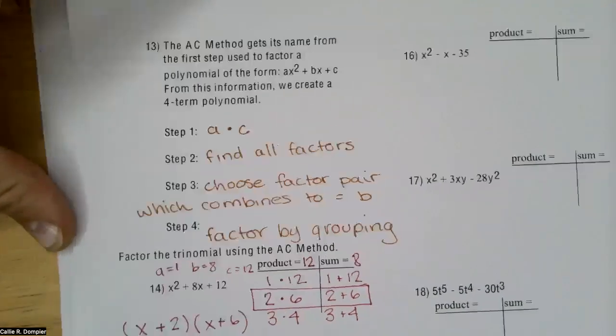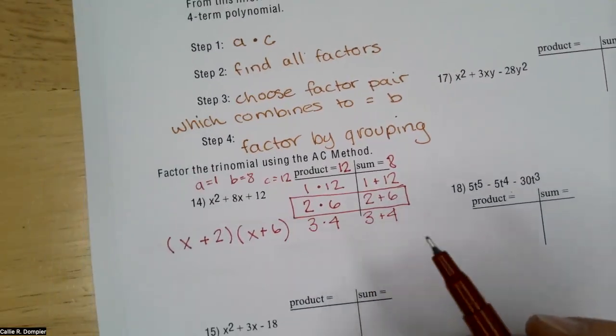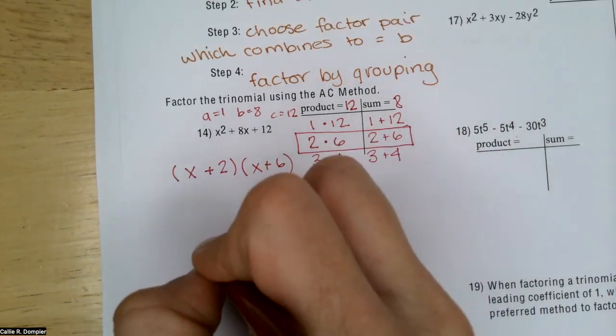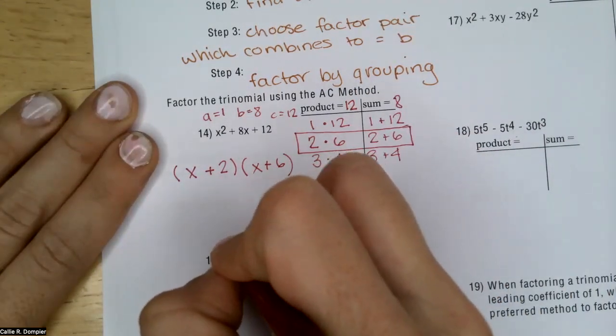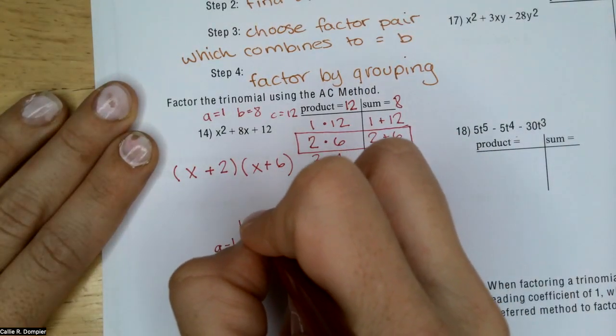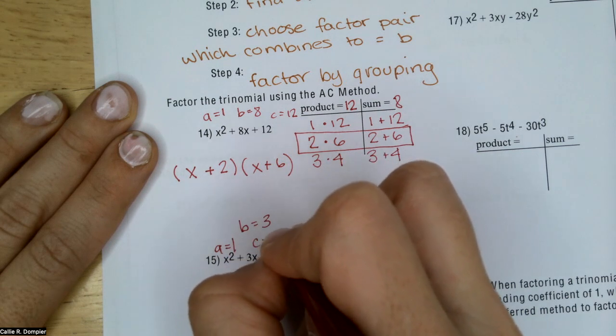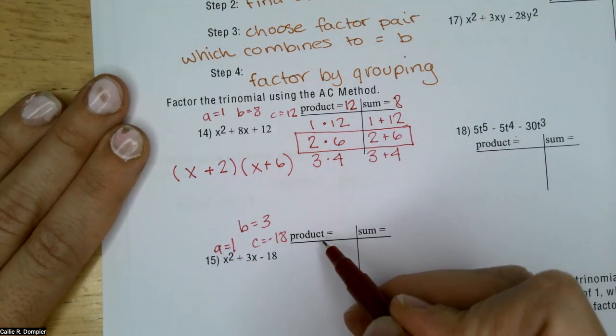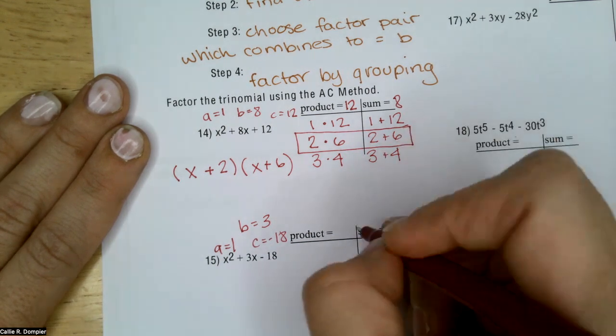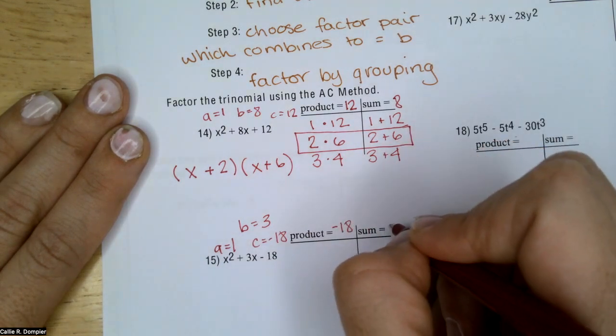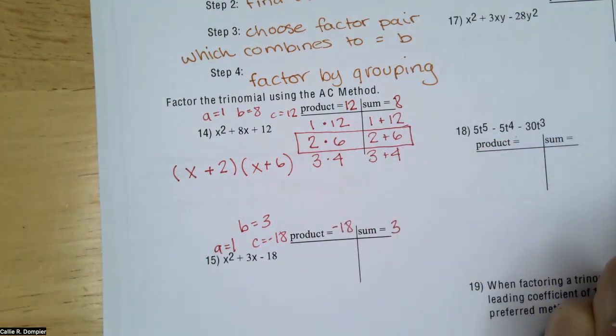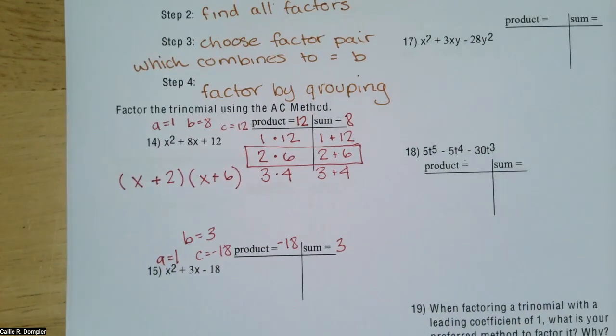All right. Remember, A is 1, B is 3, C is negative 18 here. So we want it to multiply to equal 1 times negative 18, which is negative 18, and we want it to add to equal 3. Okay.